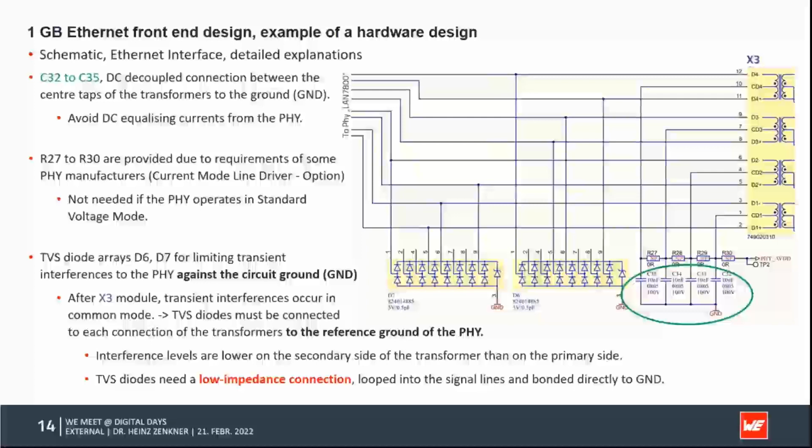Then we have some TVS diodes. Why do we have them here? This is to protect the Ethernet PHY from transients. If you look at the schematic, let's go back a little bit to the overall schematic.